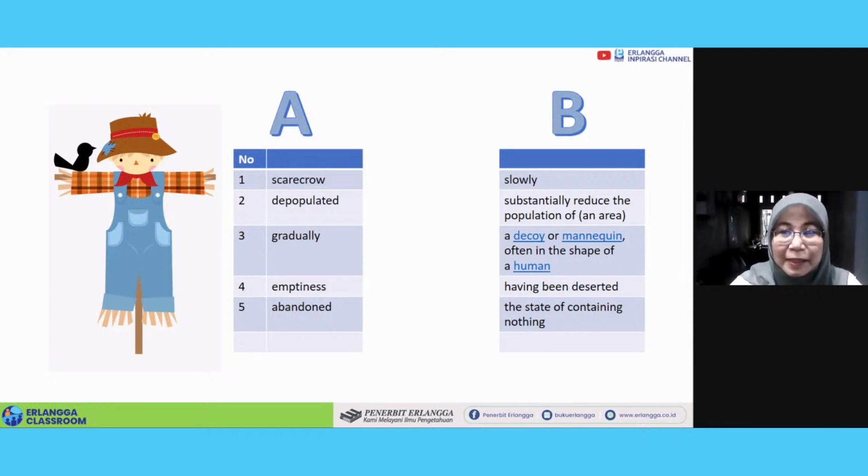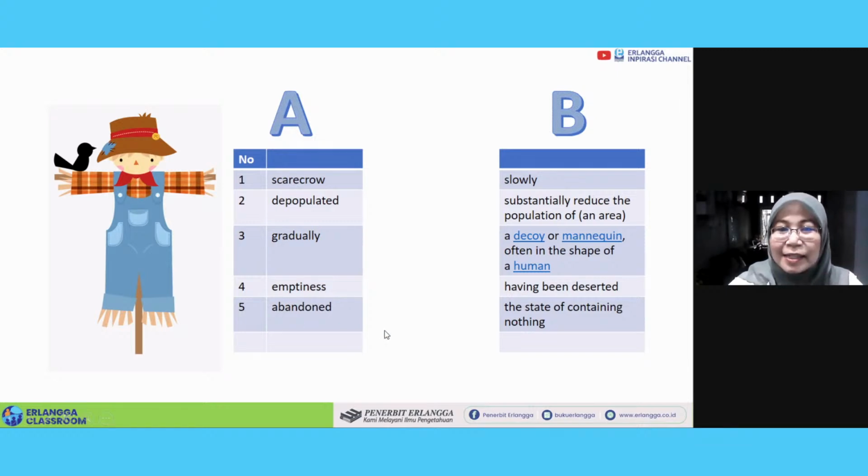Because English is a spoken language, so you need to pronounce correctly. Jadi kalian harus mengucapkannya dengan benar, dan itu mudah dengan cara mengimitasi ya. The first is that scarecrow, and the second one is depopulated, and the third one is gradually. Okay, and then the fourth is emptiness, and then the fifth is abandoned. Okay, abandoned.